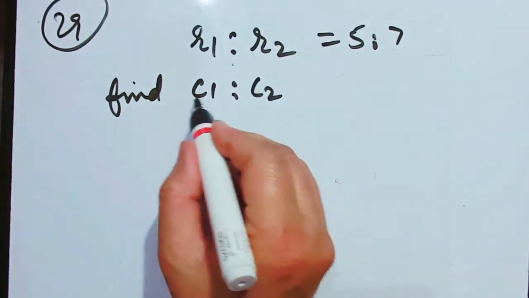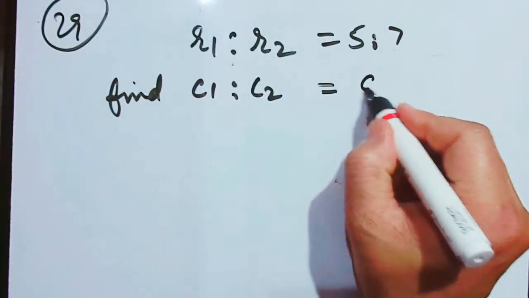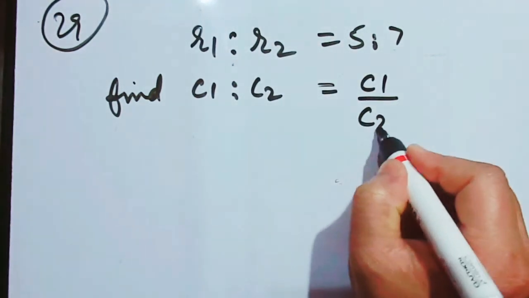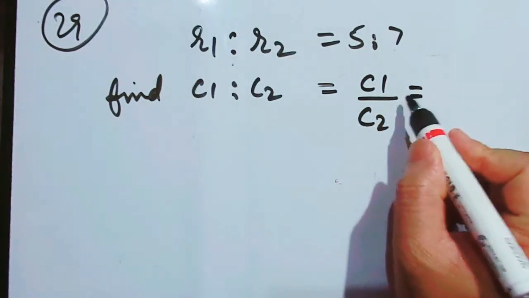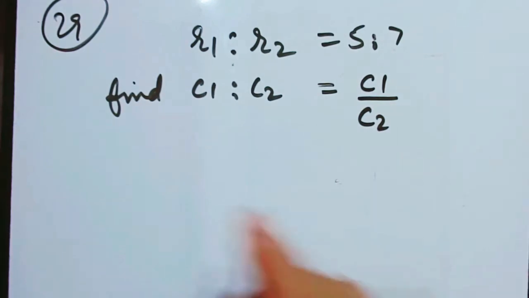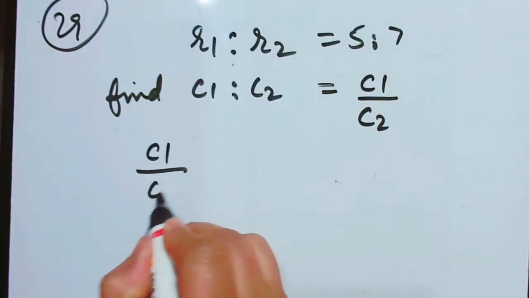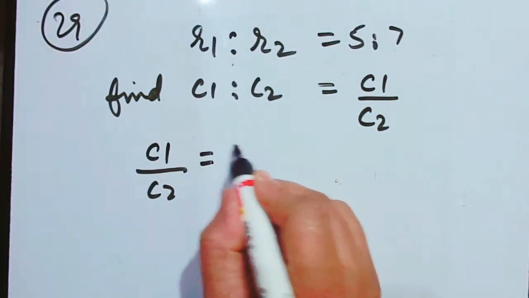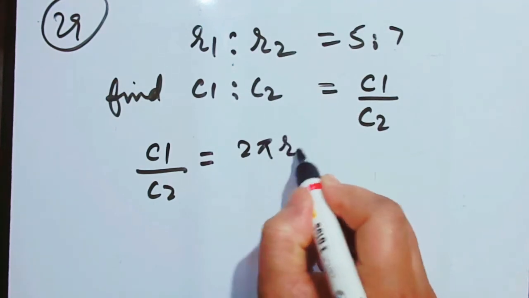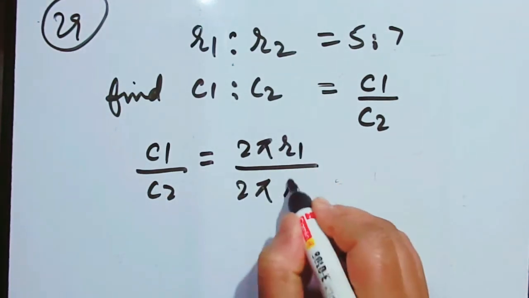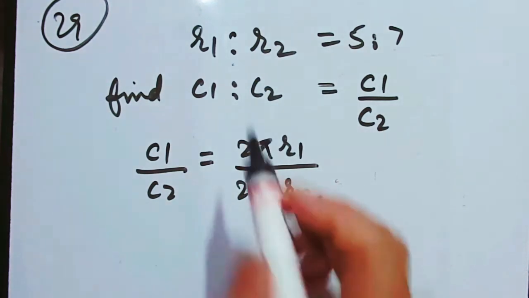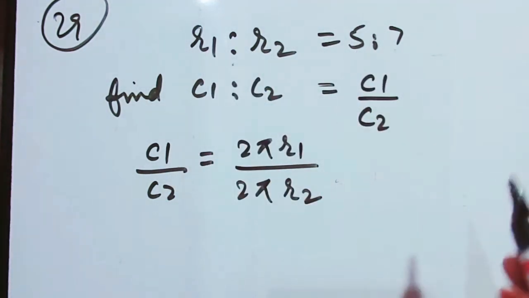So C1 is to C2 can be written as C1 by C2, which is equal to 2 pi R1 over 2 pi R2.